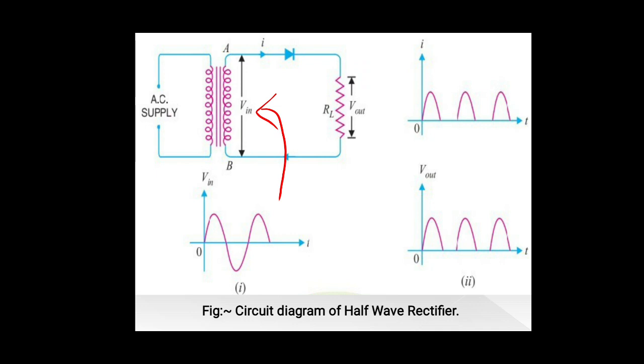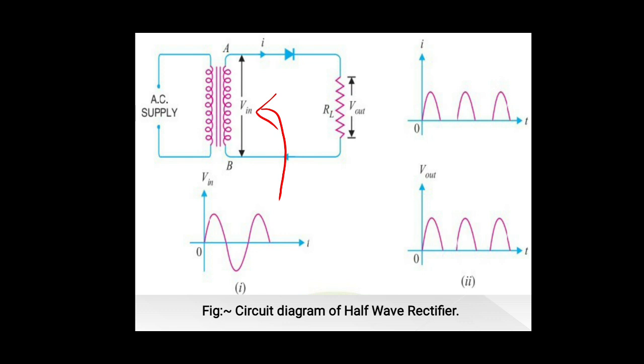So this is the circuit diagram of the half wave rectifier. The AC supply is 230 volt. The transformer is usually a step down transformer. This is the diode, a silicon diode, and the load resistance RL.